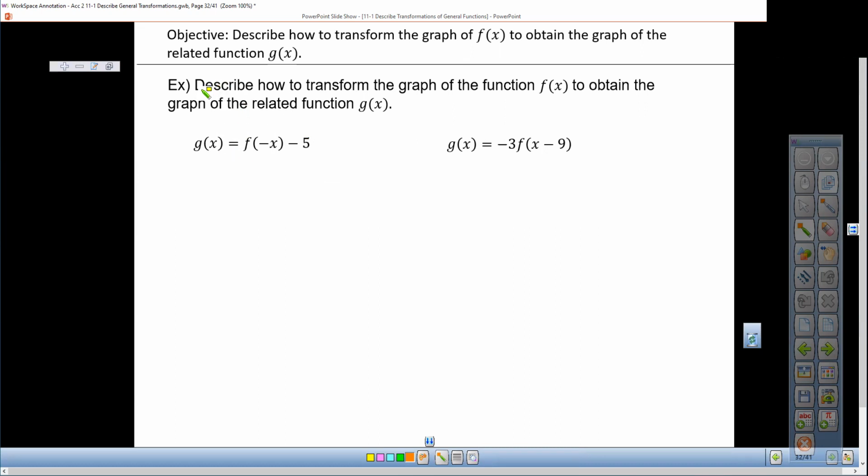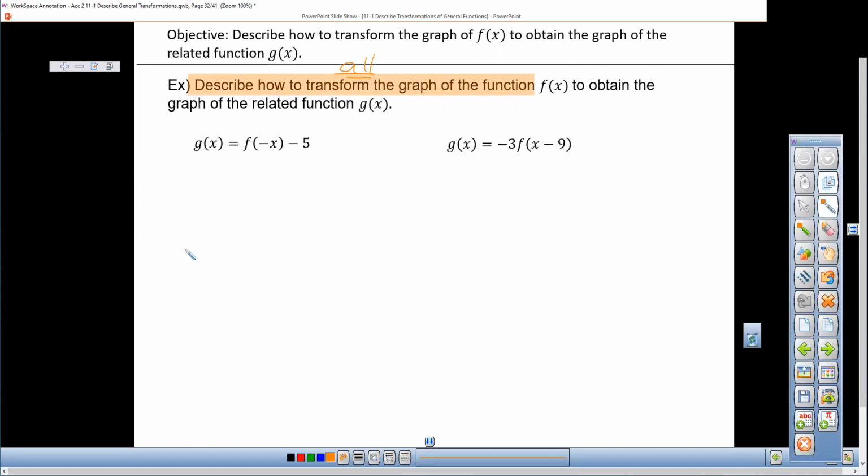So we have to describe all the transformations for the graph of the function. That's all of them. We need them all. And I recommend that you still start with your A or 1 over B parameter, do reflections, do stretches, compressions first, then move on to H and K.